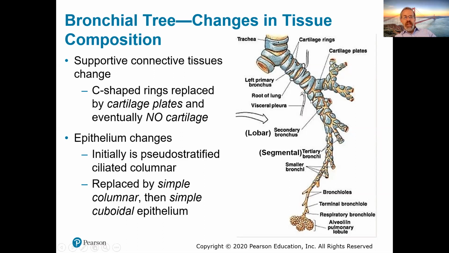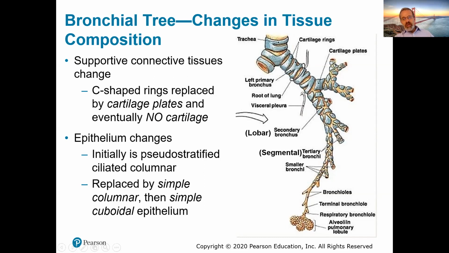So what are some of the changes we see? Starting with the primary bronchi, we still have these C rings. Once we split off into the secondary bronchi, those C rings become plates of cartilage. And those small plates continue into the tertiary.